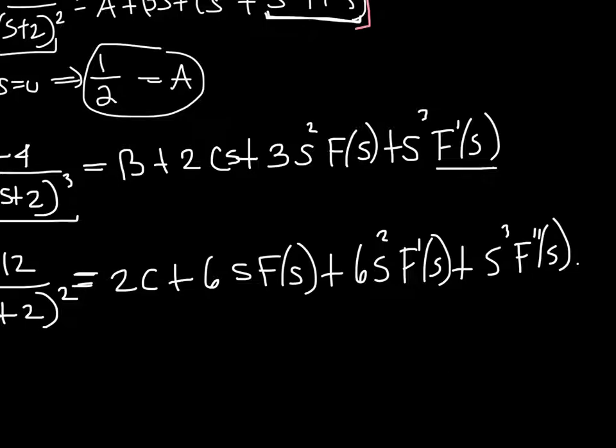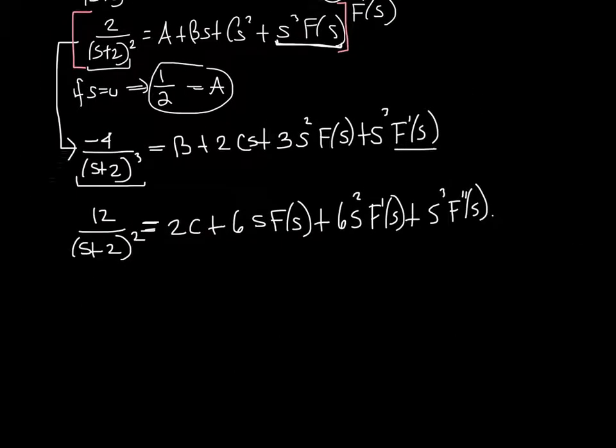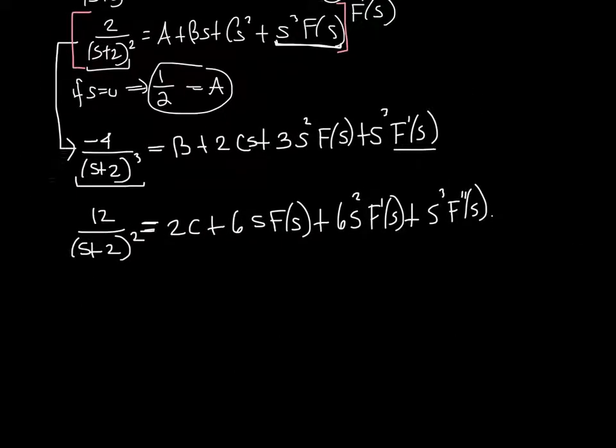Okay, so now let's substitute s equals 0 into both of these equations. I'm going to call this equation 11 because that's how they refer to it in the book. So if s is equal to 0 in equation 11, I get negative 4 over 0 plus 2 cubed, so that's 8.